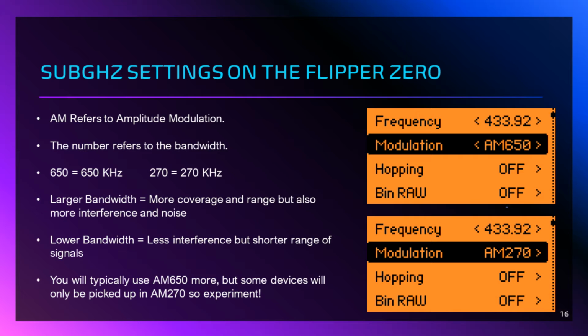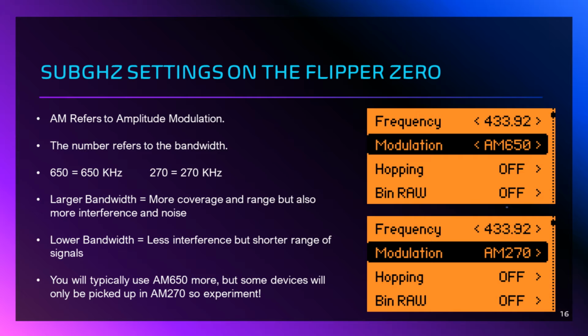There are also some other modulation types that aren't available in the official firmware, but you'll mainly be dealing with these for now. The number here is the bandwidth that it's going to apply a filter to, and it's in kilohertz. Now the larger bandwidth is going to pull in more, and this is super useful when you're trying to detect a signal that is hard to find.